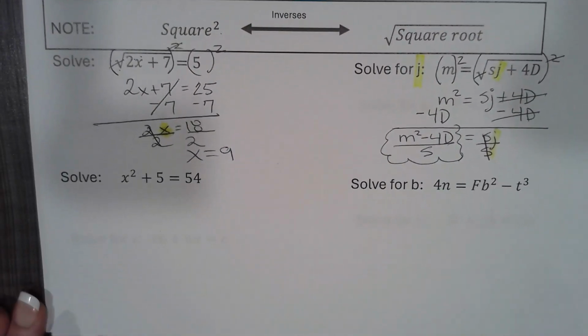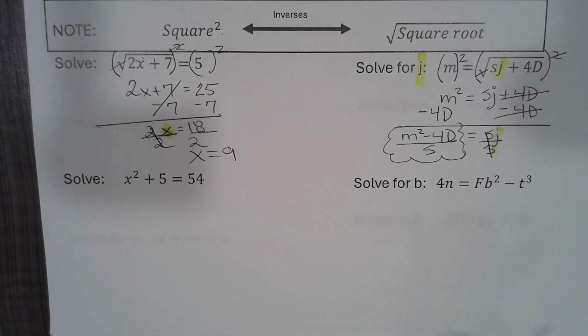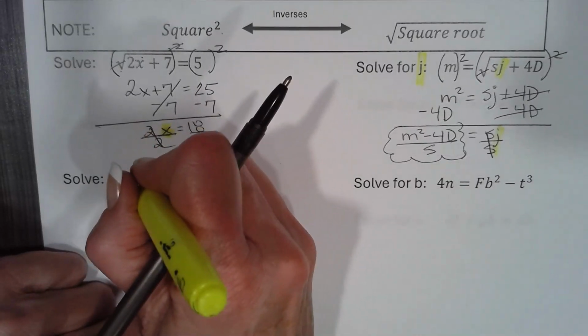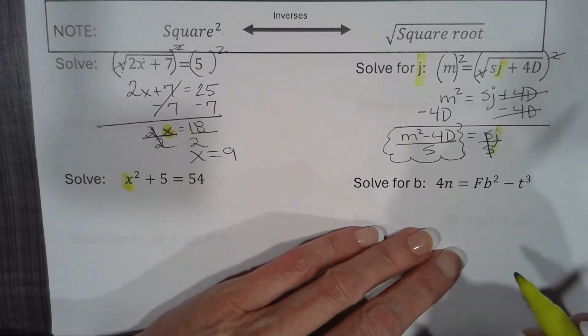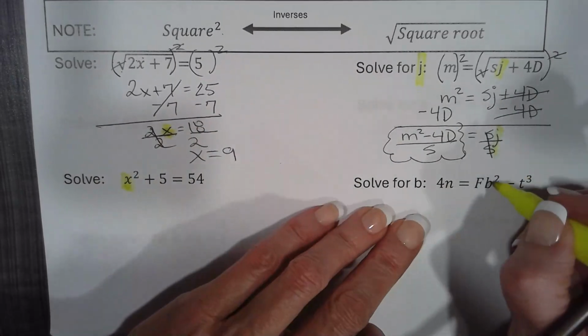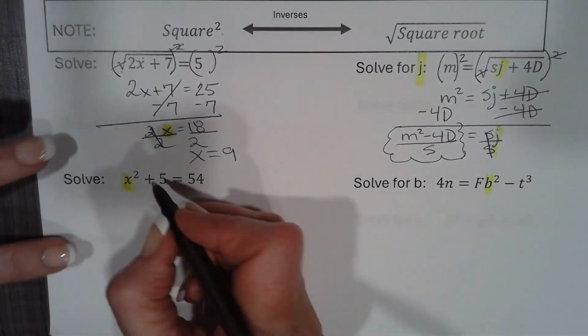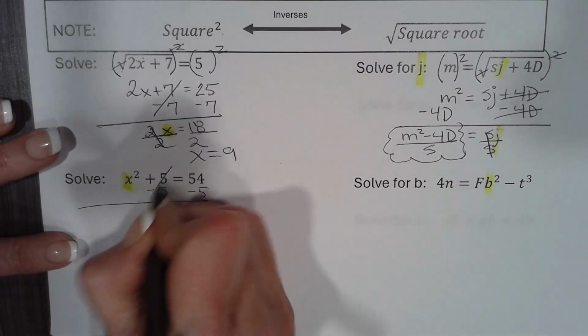All right, last one. Notice this had a square root in it. This has a square in it. I'm going to show you a different way to solve a quadratic here. It's kind of cool. I'm solving for b, so notice my b's got a square on it. So first thing I would do is subtract 5 on both sides.